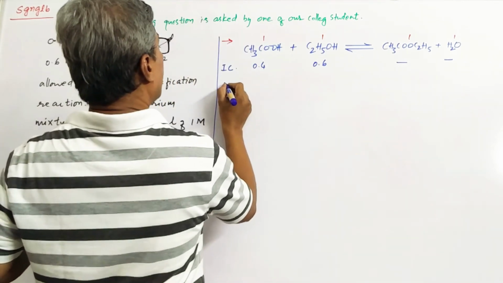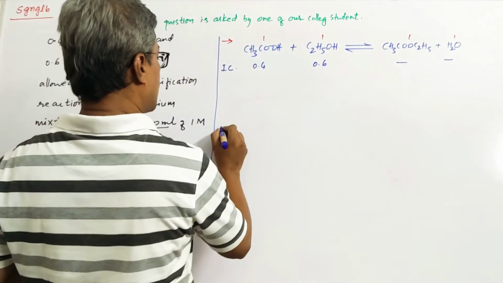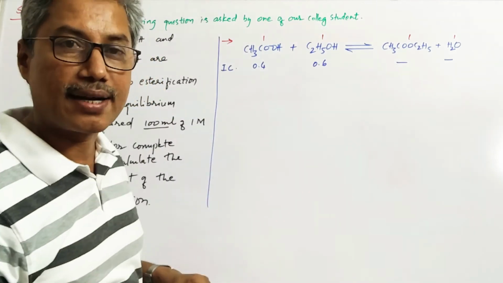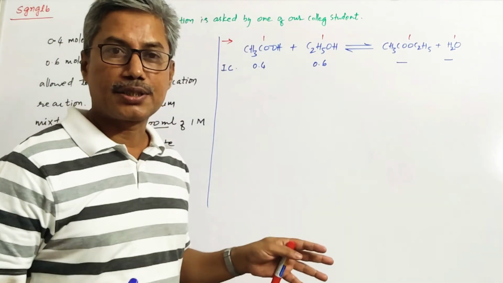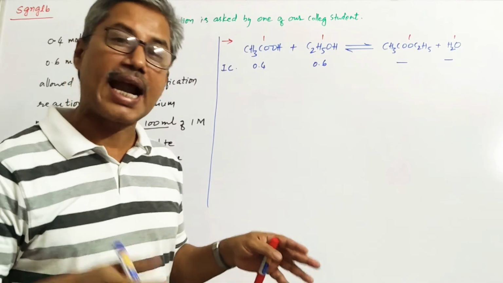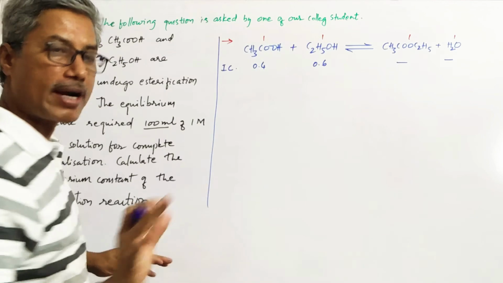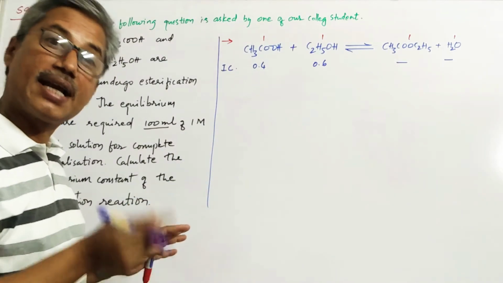Then to know the equilibrium constant, we need to know how much is consumed and how much is remaining at the end. That means the concentration of the reaction mixture at equilibrium is supposed to be known. Here, how much is consumed is not given directly, but indirectly it is given.